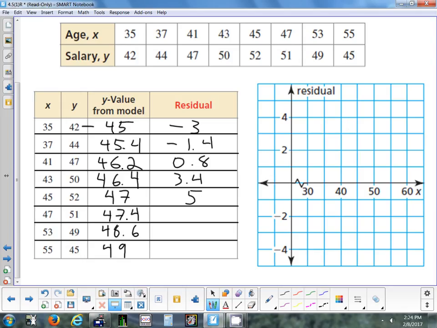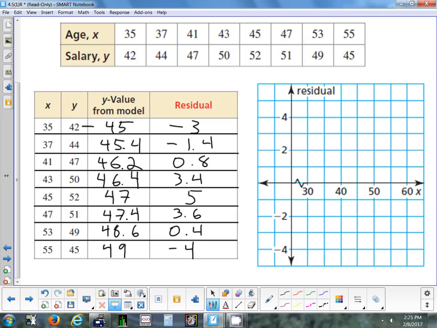How about the next one? Just double check 51 minus 47.4. How about 49 minus 48.6? 0.4. And what's 45 minus 49? Negative 4. Good.